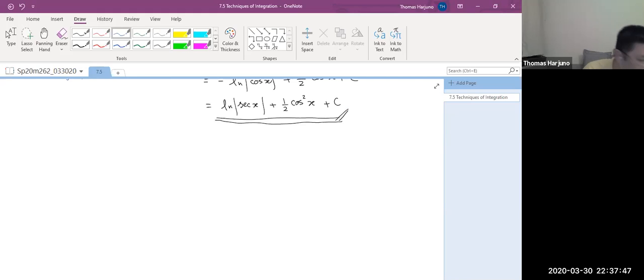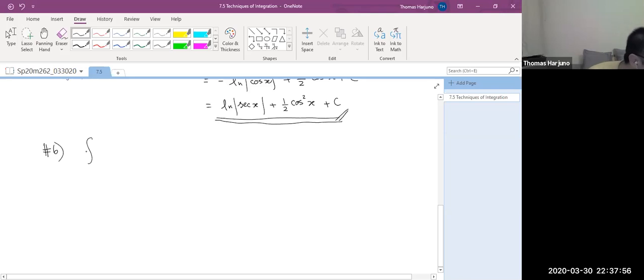Let's do number 6. The integral from 0 to 1 of x over (2x plus 1) cubed dx.